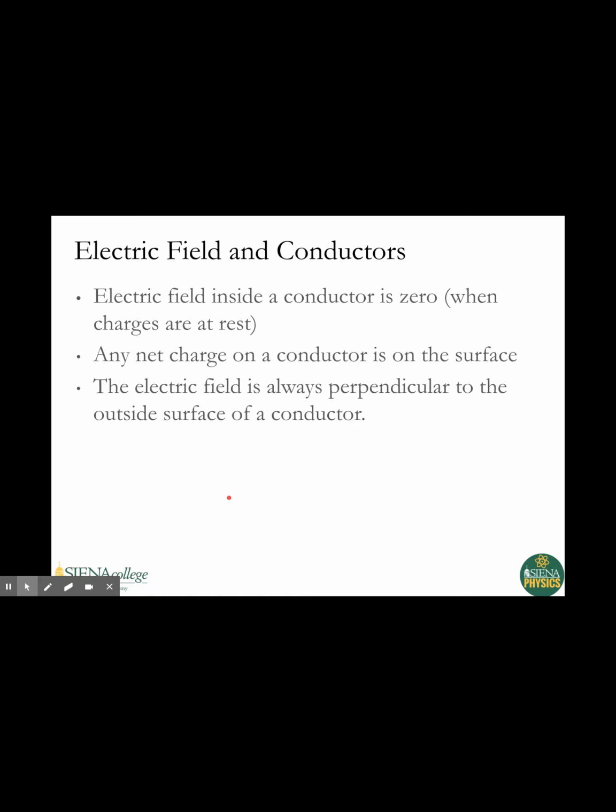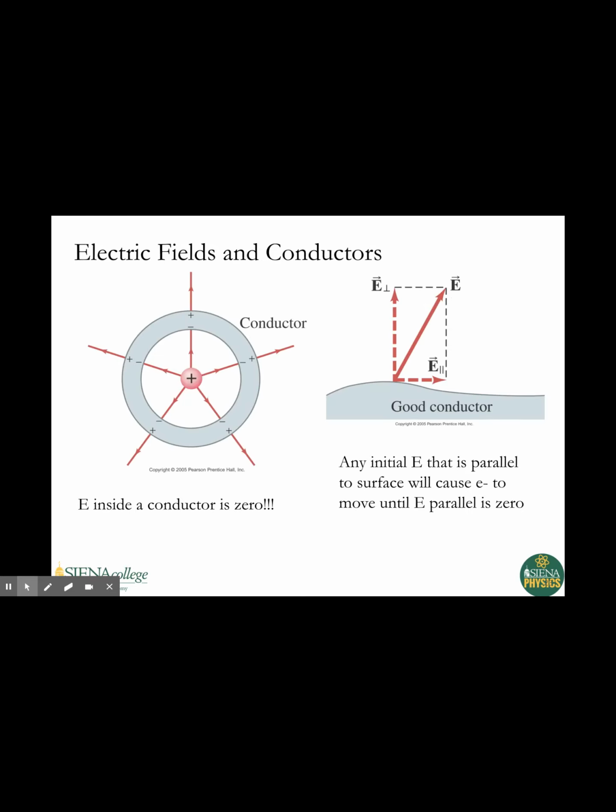So what about electric field in conductors? Well, we know that the electric field inside a conductor is 0 when all the charges are at rest. And any net charge on a conductor is located on the surface of the conductor. And the electric field is always perpendicular to the outside of a conductor. So just thinking about that a little bit more, here is my conductor.